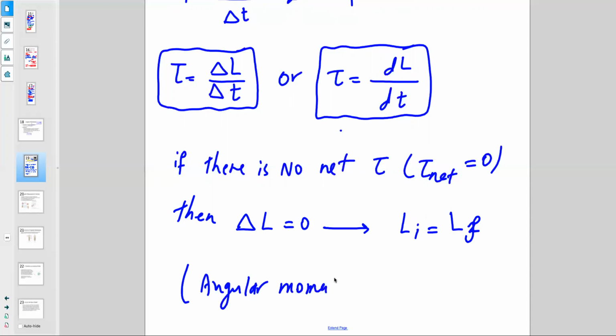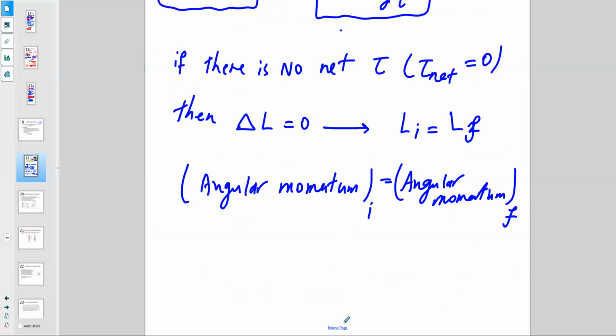So angular momentum initially should be equal to angular momentum finally. Delta L should be 0 if the net torque is 0.